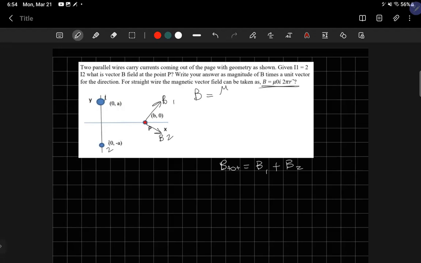B of 1 is in the B negative A direction, which makes sense. B1, mu naught over 2 pi, I1.